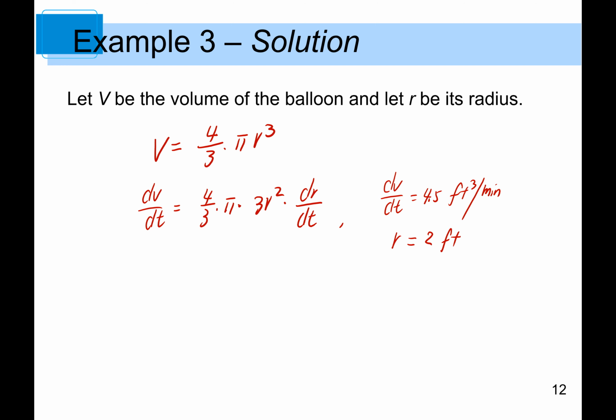So now I just replace dV over dt and r with the given numbers, right? So you get 4.5 equals 4 over 3 pi times 3 times r squared, which is 2 squared, times dr over dt.